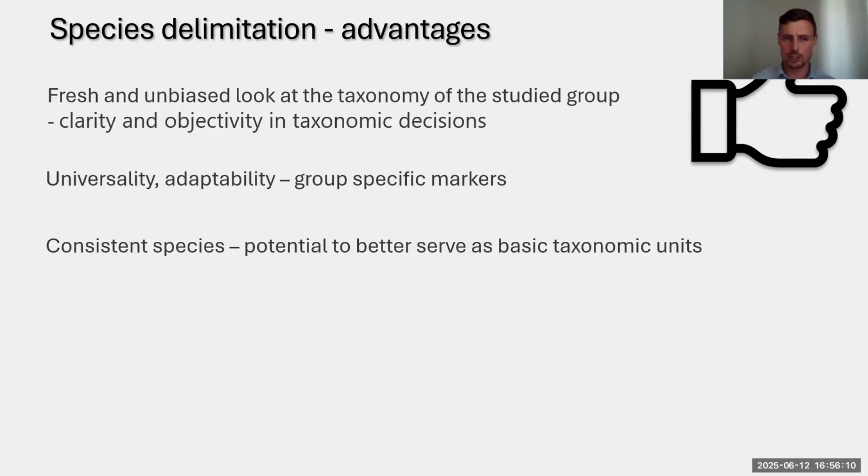It should result in consistent species being delimited over, for example, the genus that you are studying, or possibly even among large taxonomic groups. And it's also universal because it's not tied to specific markers. You can use it with whatever is available within your studied system.